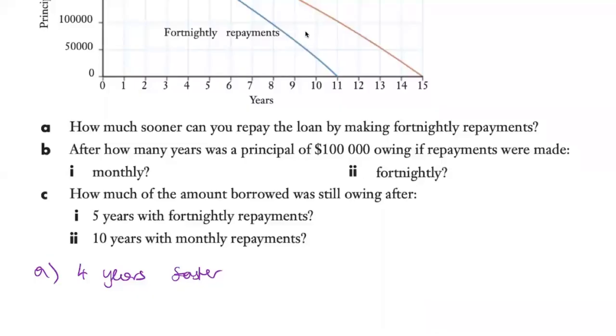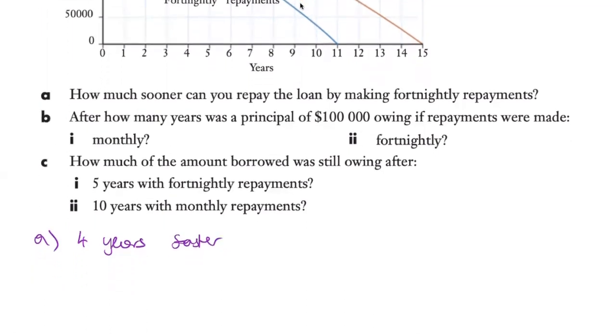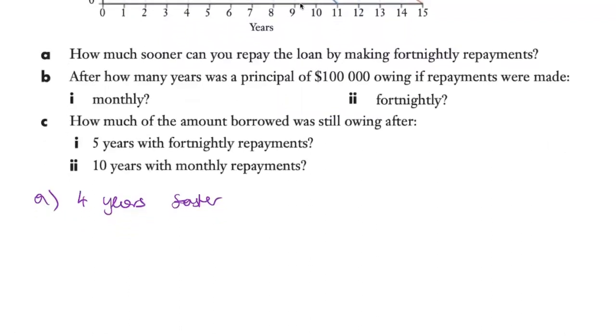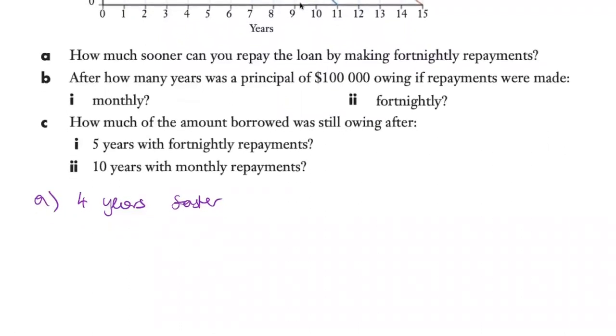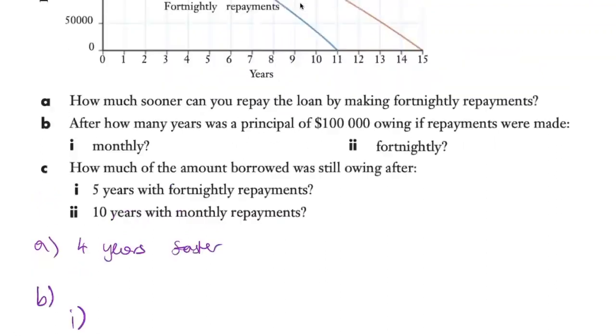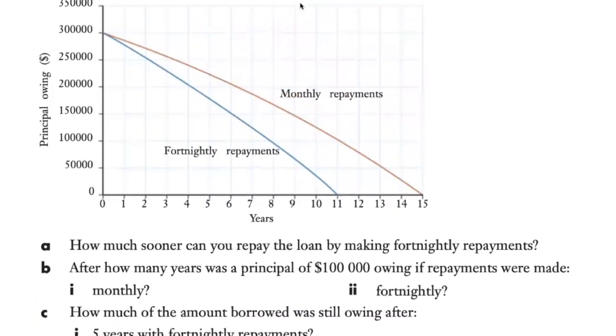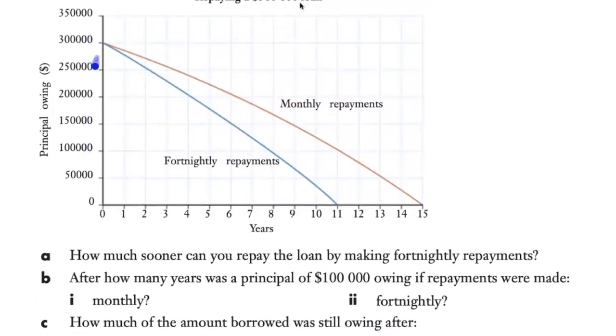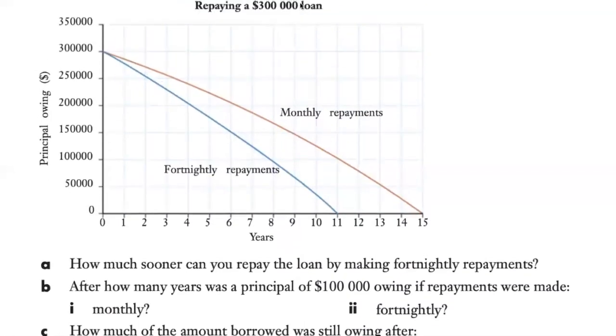Looking at the next question, part B asks: after how many years was the principal of $100,000 owing if repayments were made, one, monthly, and two, fortnightly? To do that, we look at the vertical axis of our graph and find where a line drawn directly across from $100,000 intersects our two curves.